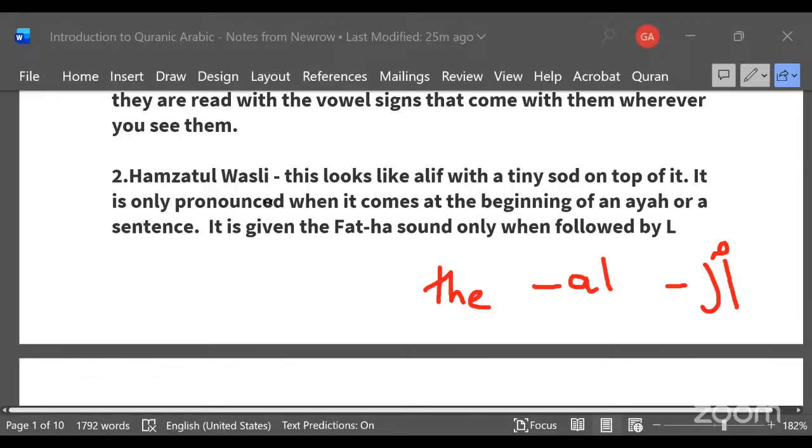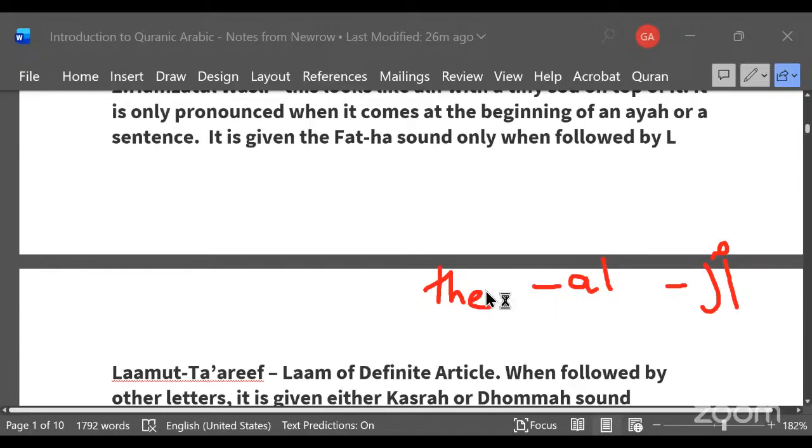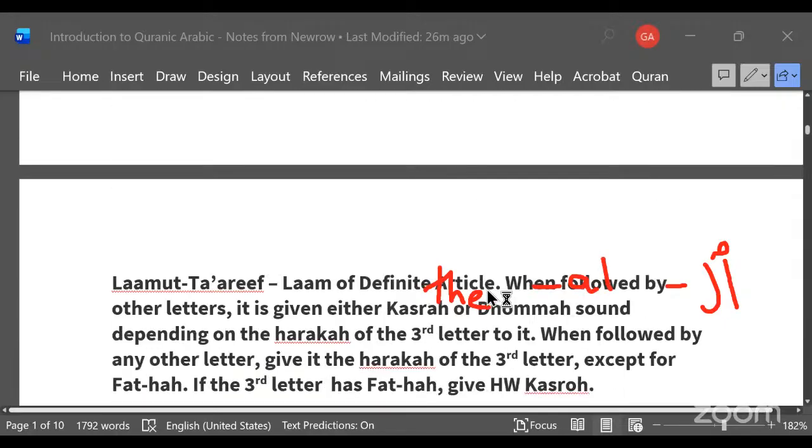So Hamzatul Wasl, this looks like alif with a tiny sword on top of it. It is only pronounced when it comes at the beginning of an ayah or a sentence. It is given the fatha sound only when followed by lam. And that lam is called Laamut-Ta'areef, lam of the definite article, meaning the something.